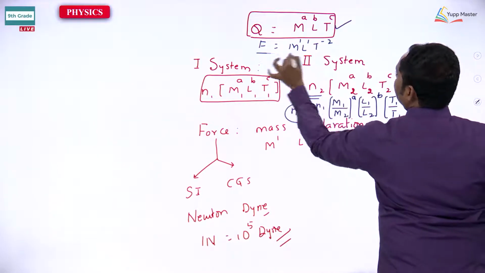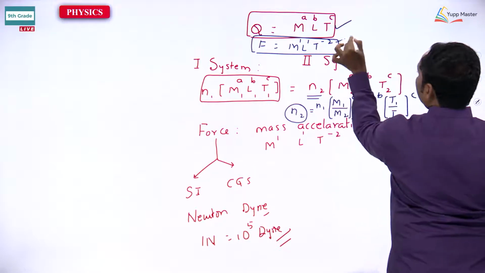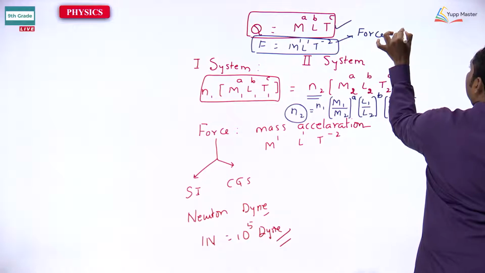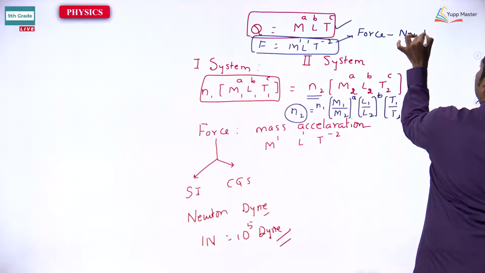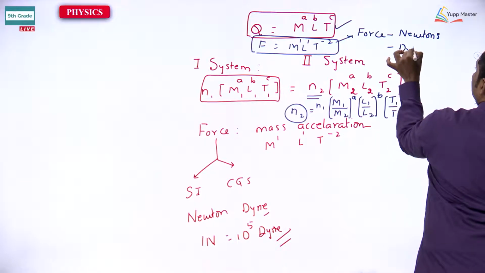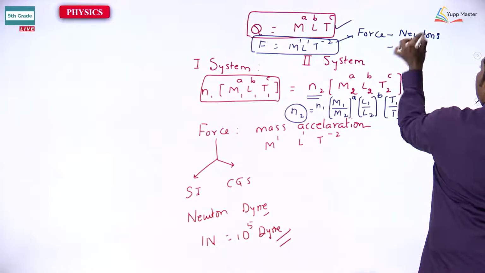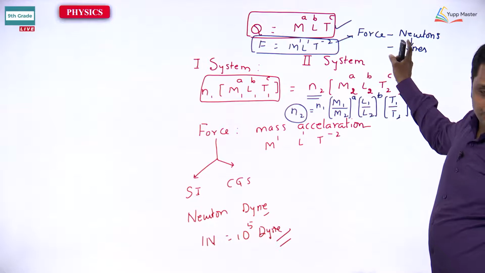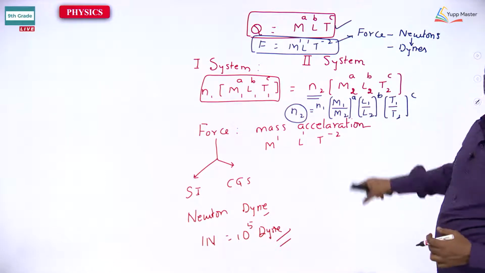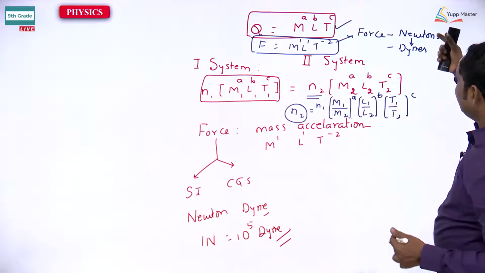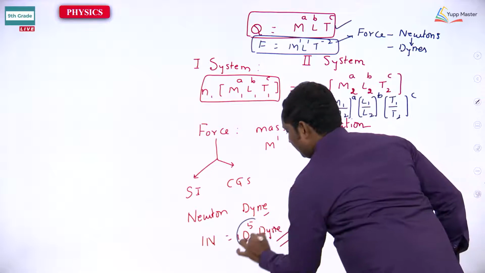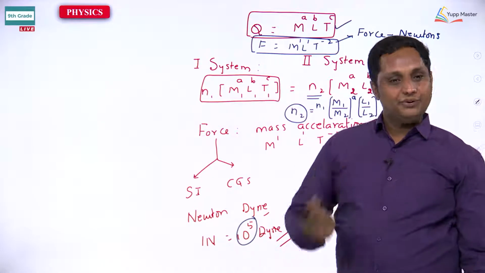If you know this relation, you can express that force in newtons into dynes also. So, you convert the force expressed in newtons into dynes. That is the conversion of 1 Newton into dyne. Easily you will get 10 to the power of 5. Already we have discussed this in the previous classes.